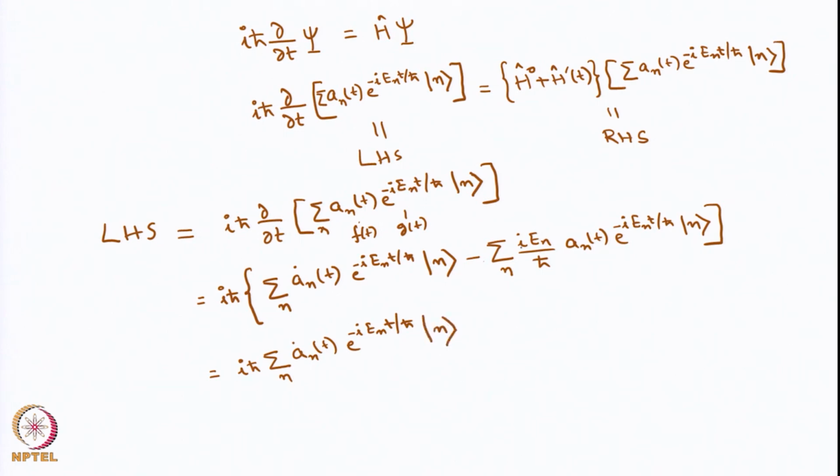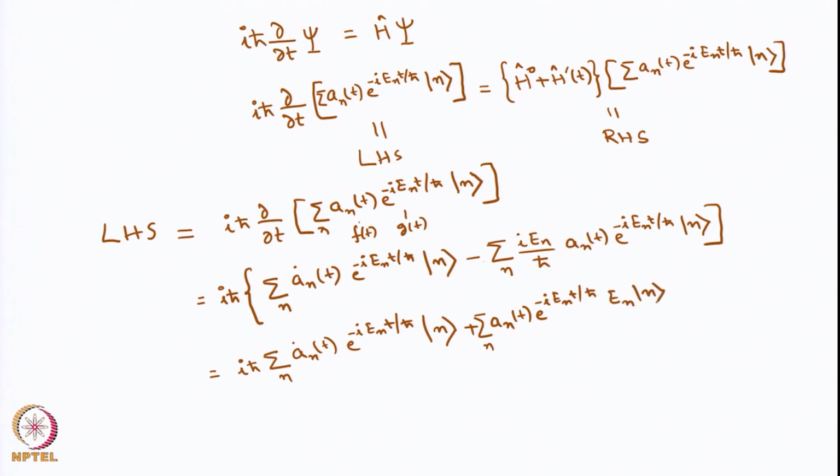Here this i and this i will become minus 1, and there is already a minus, so it will become plus, and this h bar and this h bar will cancel. So what we get is a_n of t e to the power of minus i E_n t by h bar E_n psi_n.